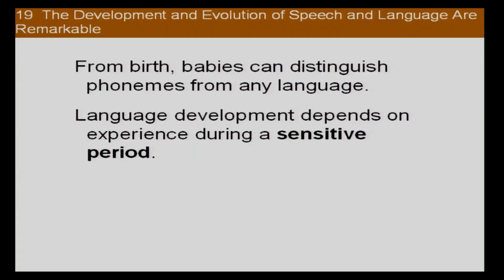And we know from studies in which children, either by accident or because of terrible circumstances, were brought up without any auditory input, no interaction with other people, that if you do not get verbal interaction and language training through this kind of motherese talking, you will never learn how to use language properly. There's a critical period of language learning.